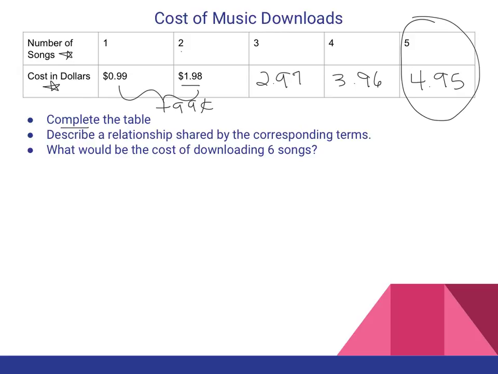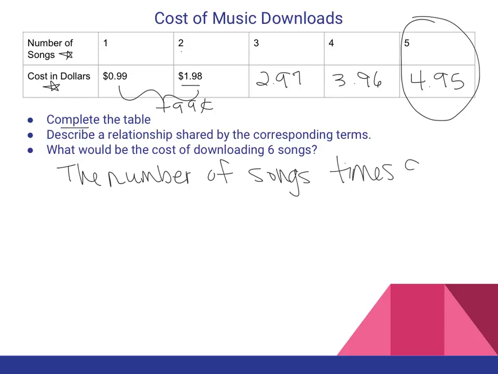So we could say that the number of songs times 99 cents equals the cost. We could also say the cost in dollars is 99 cents times the number of songs.